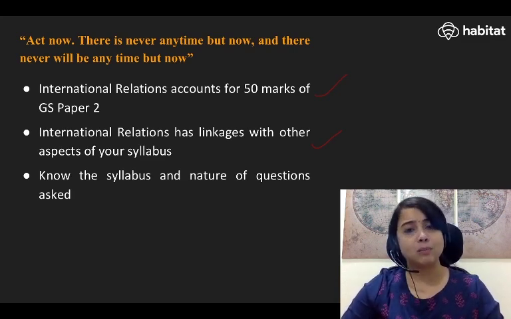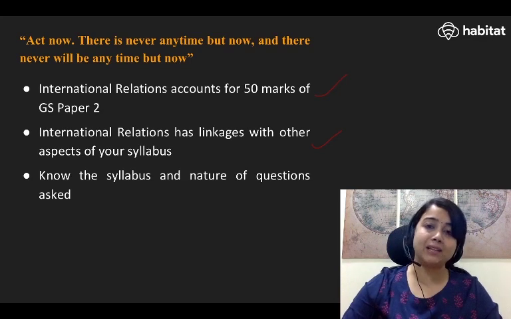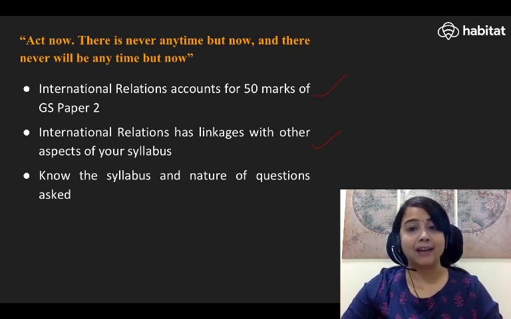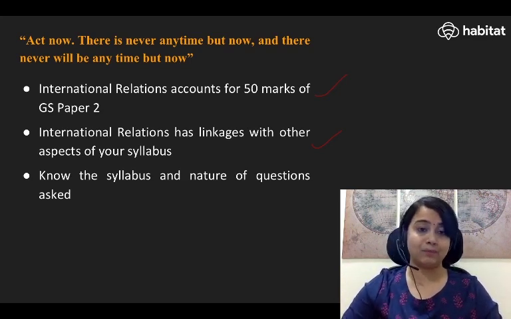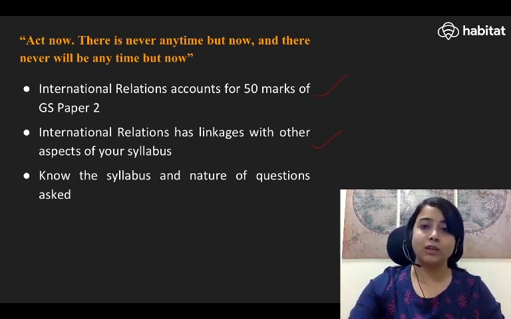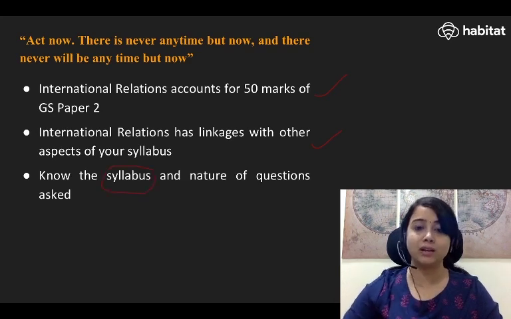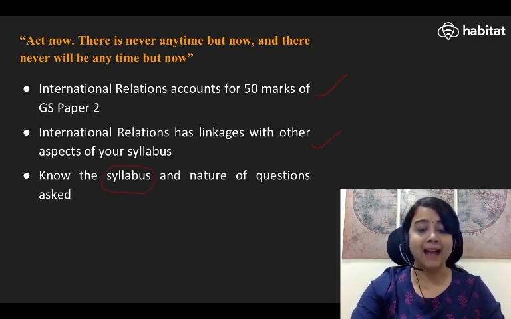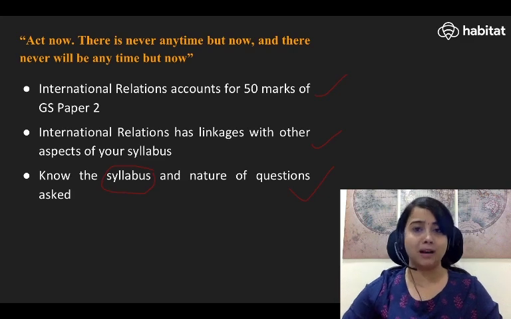Moreover, there is a close connection between international relations and world history as well. So, through this course, we are also going to understand the different aspects of the syllabus related to international relations and the nature of the questions being asked.